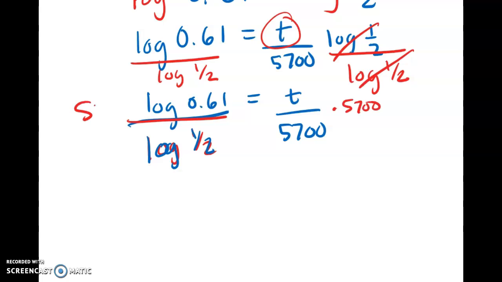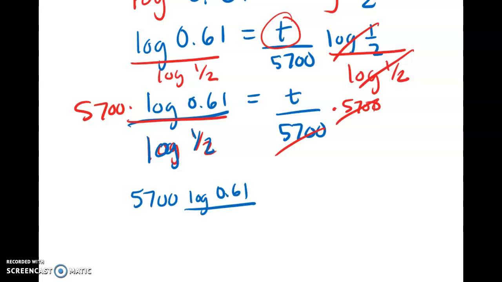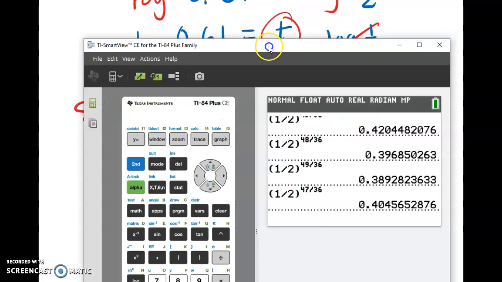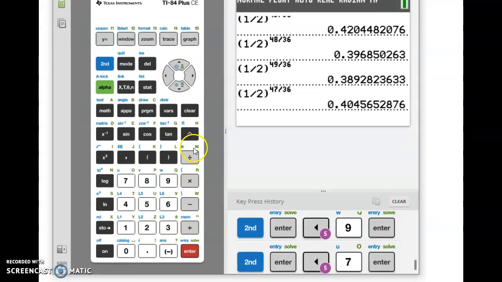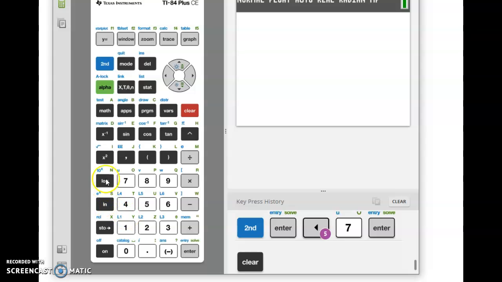So I'd multiply both sides by 5,700. This will divide out here, and then my answer will be this. I put that in my calculator. There's a log button found on the calculator to the left of 7.